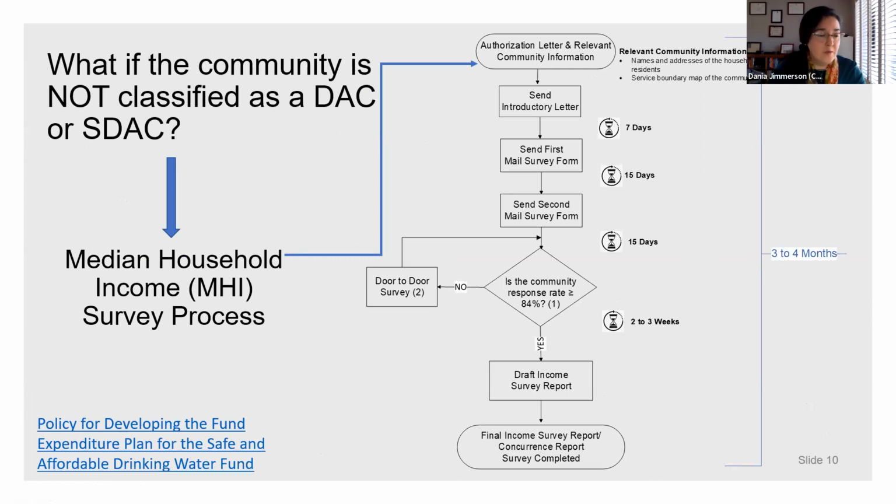Now, as Kayla was mentioning in her presentation, there are circumstances where a community is not classified as a disadvantaged community because it falls within a census block group that has perhaps a higher median household income, but that does not necessarily mean that that median household income is representative of that particular subset or community that you are interested in connecting to sewer services.